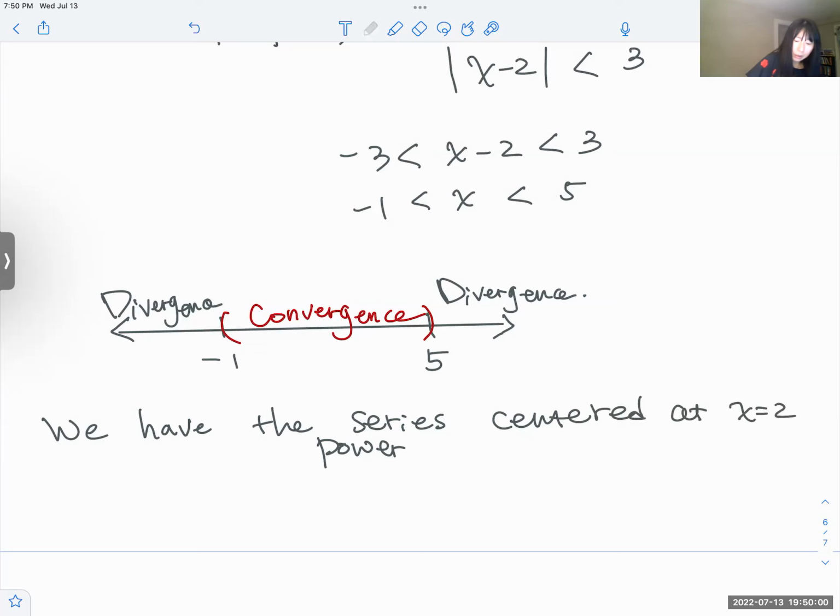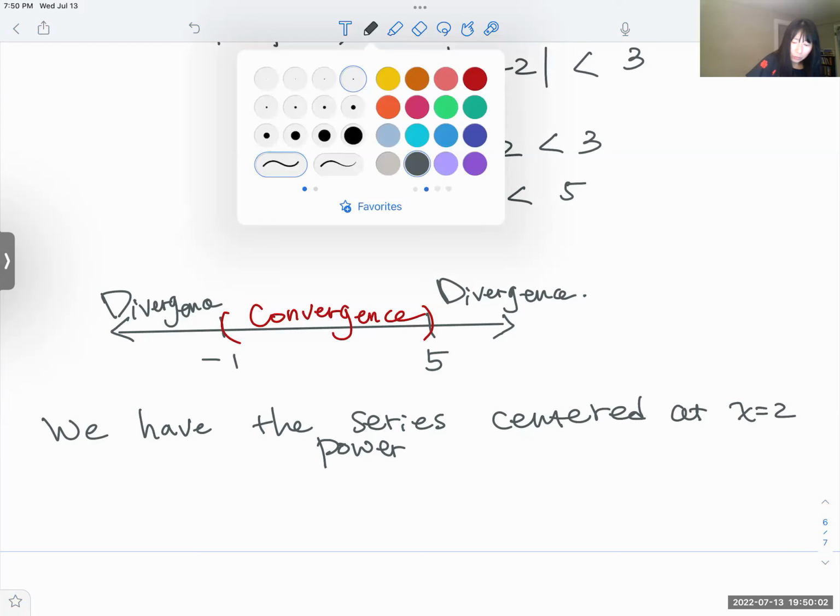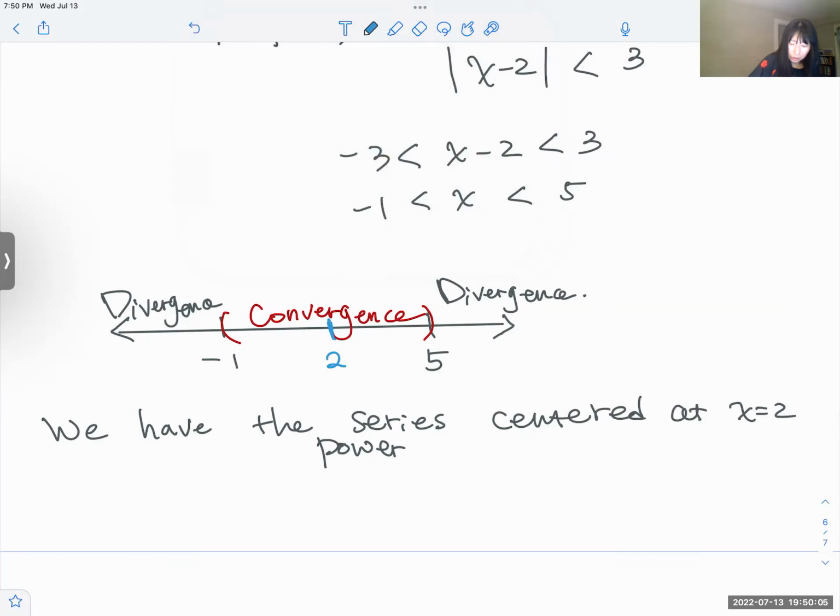By type 3, this is a, right? And then the right side is a plus r, and the left side is a minus r, for x.